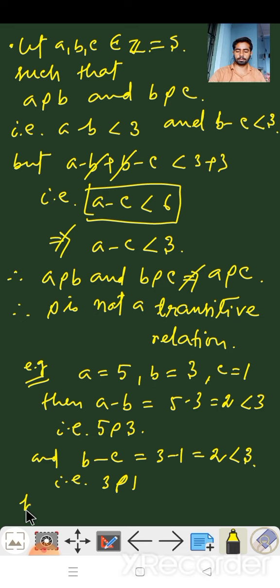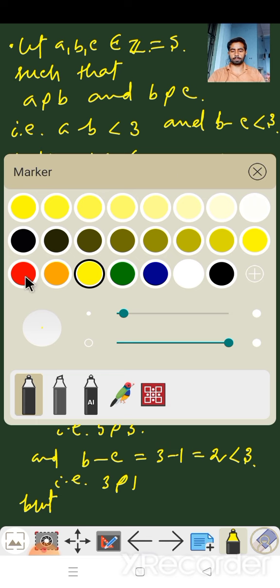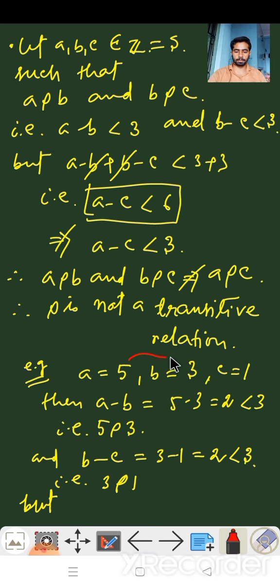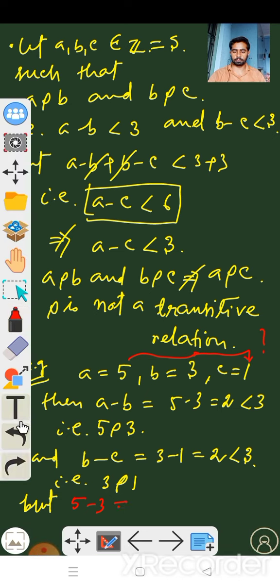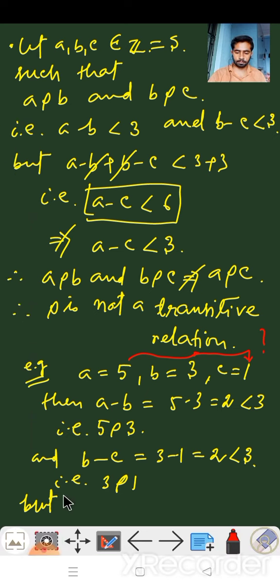But is 5 related to 1? My question is whether 5 is related to 1 or not. Here a minus c equals 5 minus 1, which equals 4, which is greater than 3.